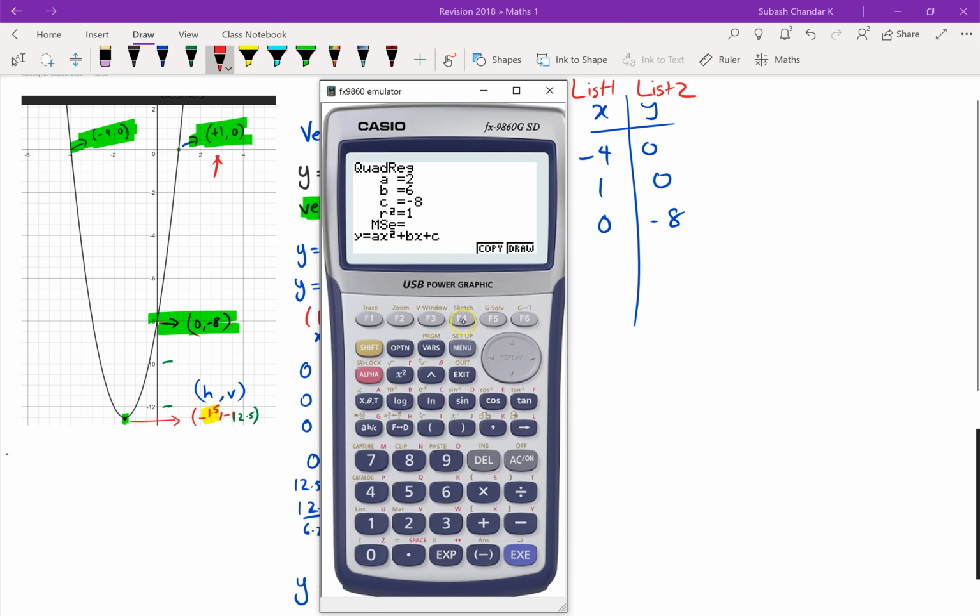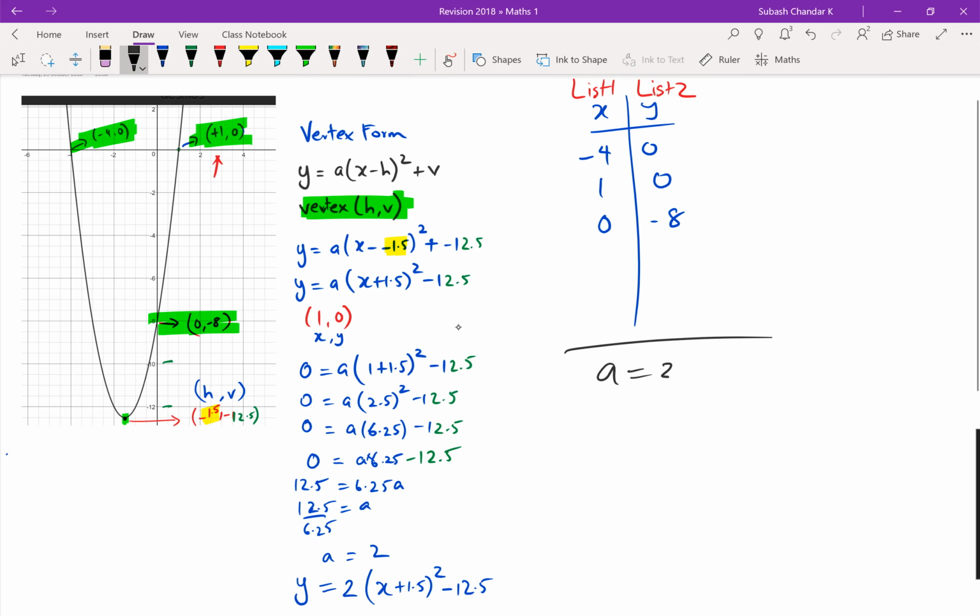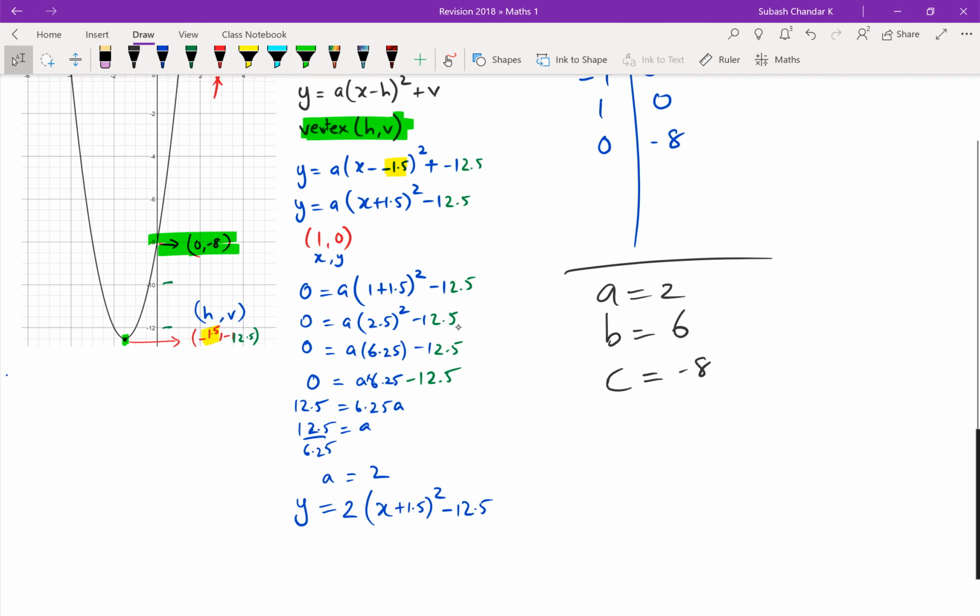So if you press F4, that should give you the values of A, B, and C. Now, for those of you that are wondering what ABC is, if you look at the very last line on that screen, it gives you the equation of a parabola, which is ax squared plus bx plus c. So you could write your answer like this. A is 2, B is 6, C is negative 8. Because A equals 2, B equals 6, C equals negative 8, you could write your answer like this.